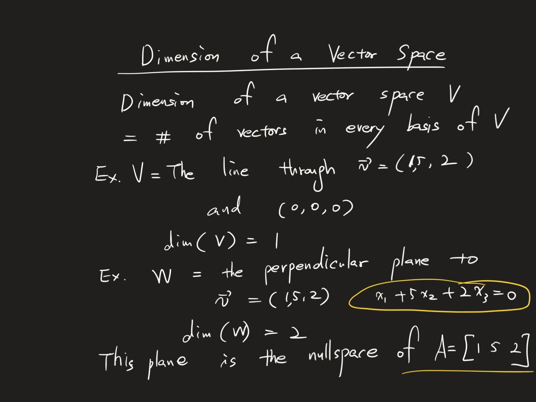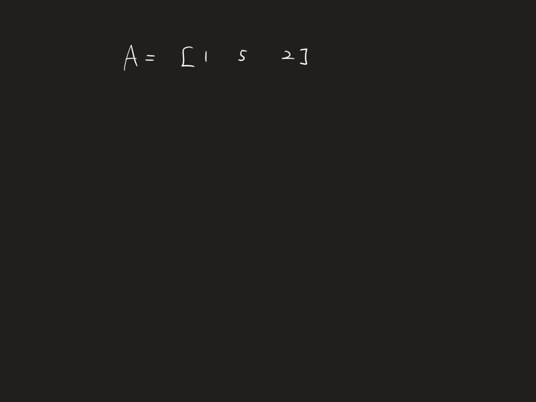In other textbooks the term null space or kernel is used, but in this textbook by Gilbert Strang, we call it just the null space, though kernel is okay. So A has two free variables.